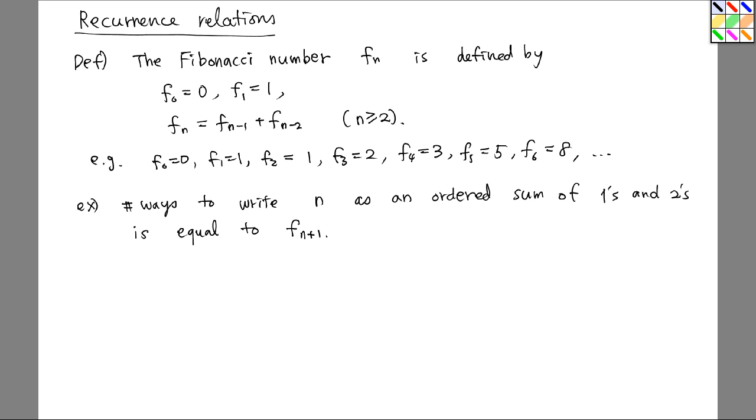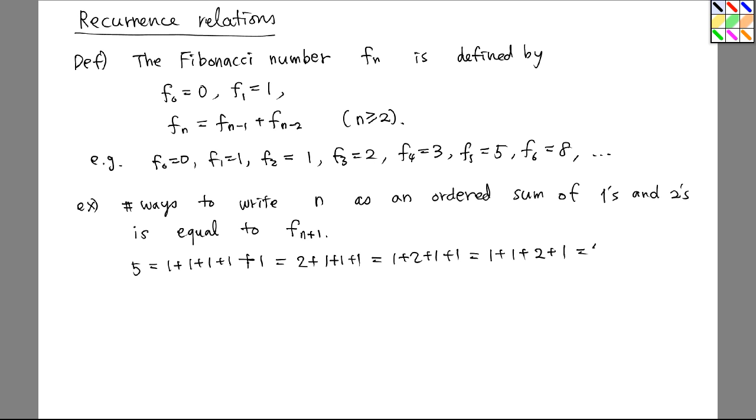So for example, 5 can be written as 1 plus 1 plus 1 plus 1 plus 1, and also 2 plus 1 plus 1 plus 1, or 1 plus 2 plus 1 plus 1, 1 plus 1 plus 2 plus 1, 1 plus 1 plus 1 plus 2, and also 2 plus 2 plus 1, 2 plus 1 plus 2, 1 plus 2 plus 2.